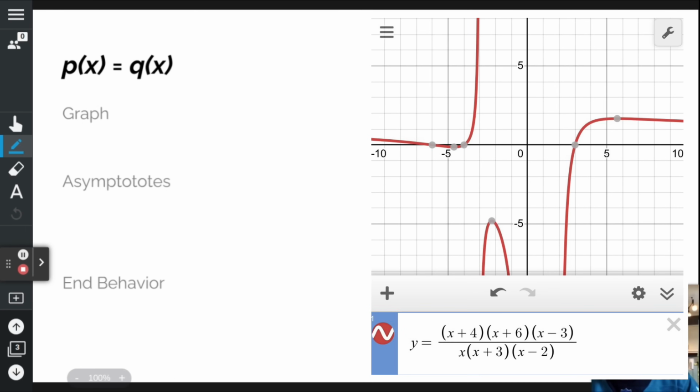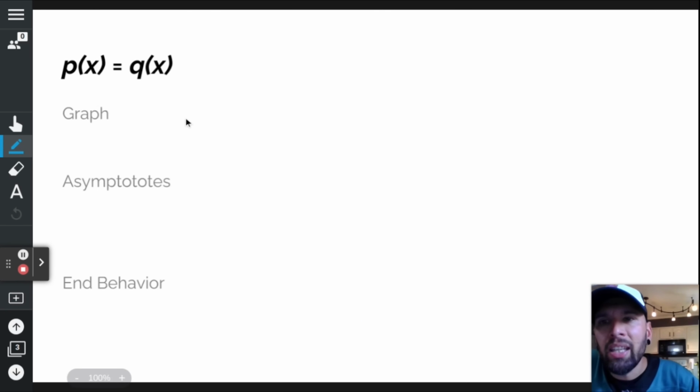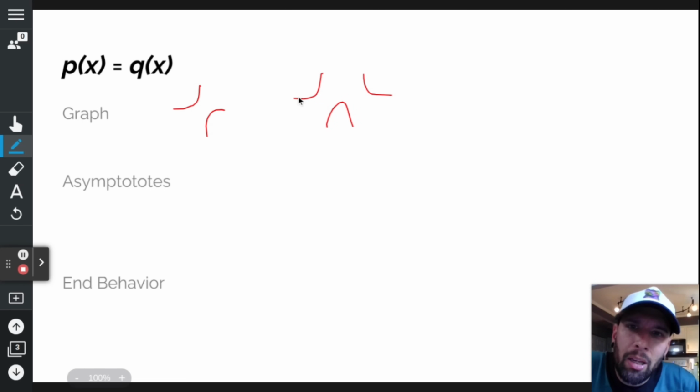And as you can see, explosions take place. You can see my end behavior doing something to the left, my end behavior doing something to the right. Lots of stuff going on. But the main idea of a graph is going to look something like this. Or maybe it looks something weird like this. But what's going to happen is the left and the right are going to approach the same area.